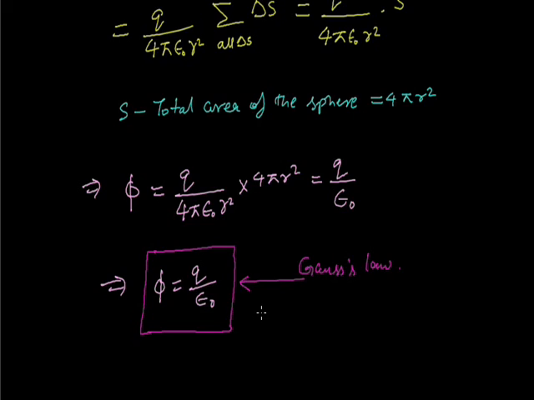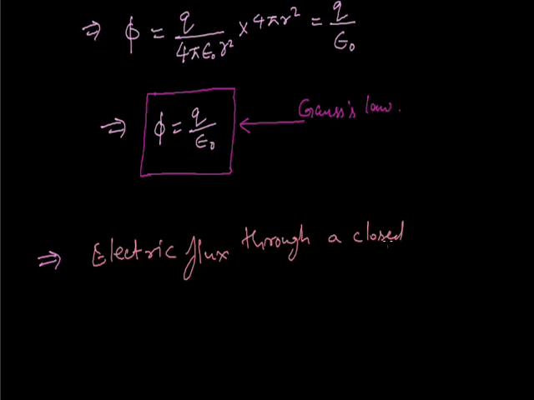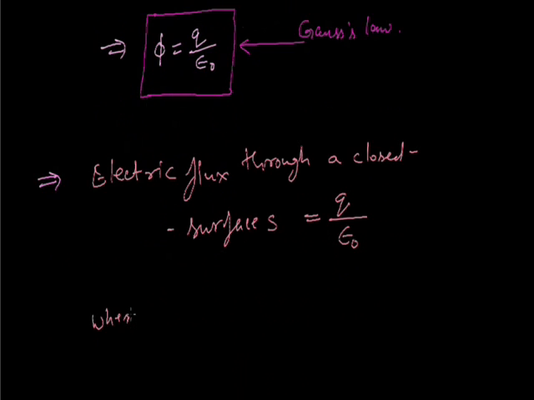As per the Gauss law, we can state that the electric flux through a closed surface S will be given as q upon epsilon naught, where q is the total charge enclosed by surface S. If the electric flux through a closed surface is 0, that means there is no charge enclosed by the surface.